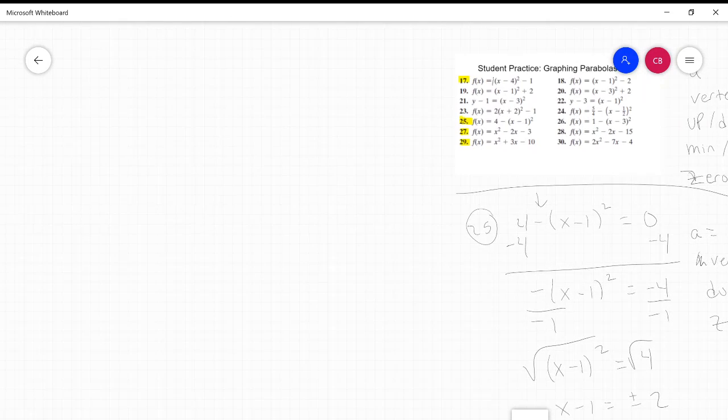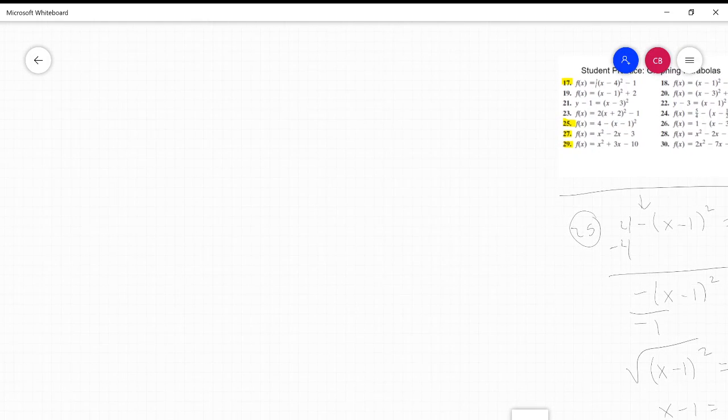Let's do one more that is not a standard form. So let's do x squared minus 2x minus 3. We have a equals 1. We have vertex: x equals -b, which is -2 over, remember a, b, c, over 2 times 1, which is equal to 1.